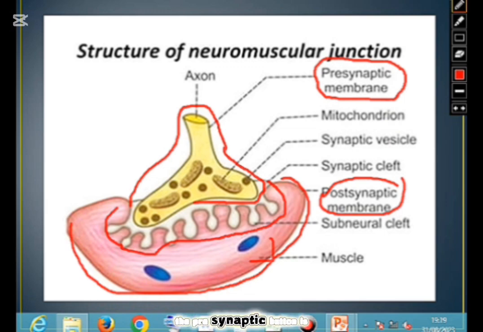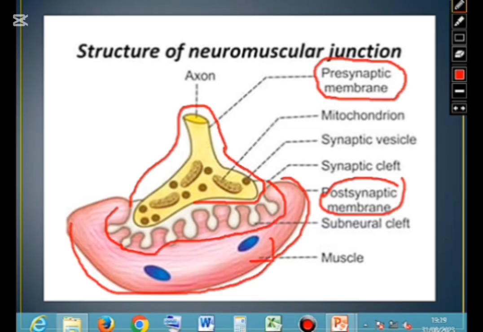The presynaptic body is made up of a nerve cell, while the postsynaptic body is made up of a muscle fiber. Remember I told you in the definition that the synapse is the junction between two neurons, or a neuron and a muscle fiber, or a neuron and a gland. So over here you have a type of synapse known as the neuromuscular synapse, because this synapse is formed between a nerve cell and a muscle fiber.